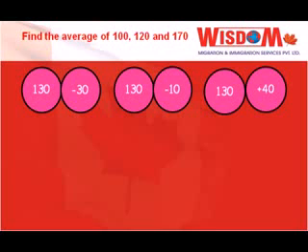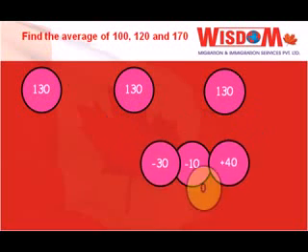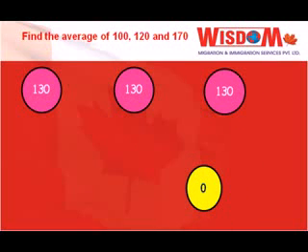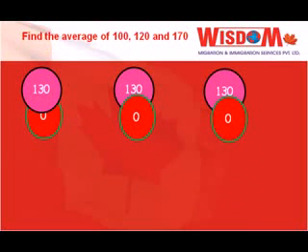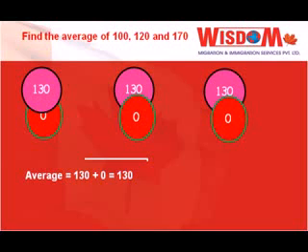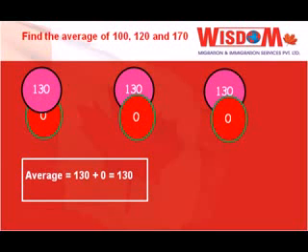Adding up all the deviations, negative 30 and negative 10 will cancel out positive 40, and my total deviation will come out to be 0 again. So this states that if I assume the actual average to be the average, the total deviation is always 0. So this was about the average.